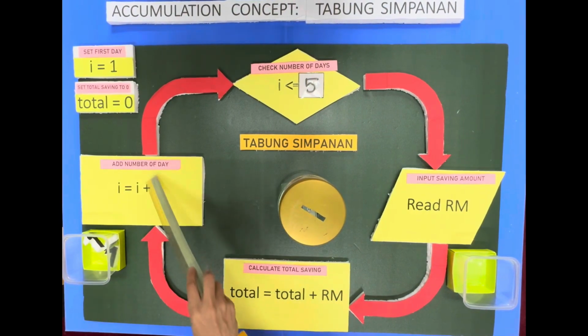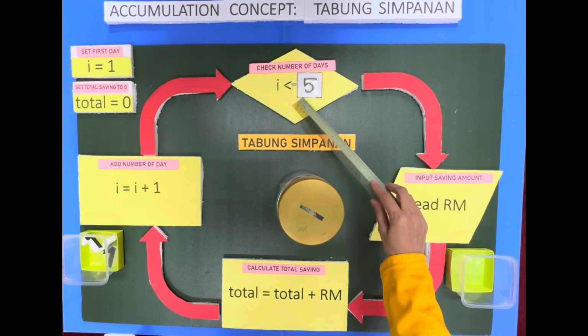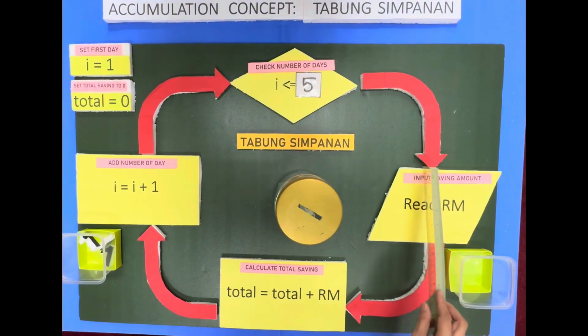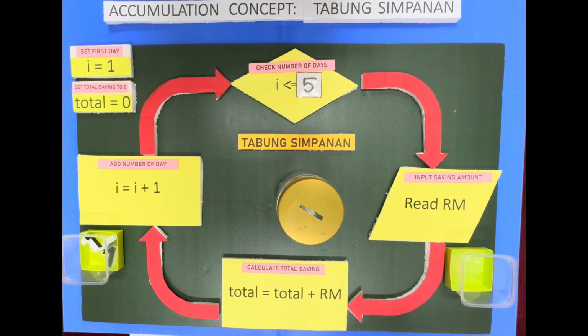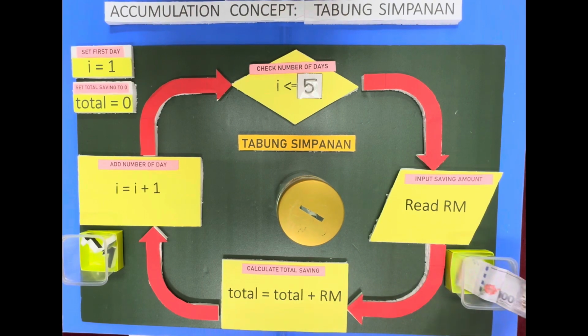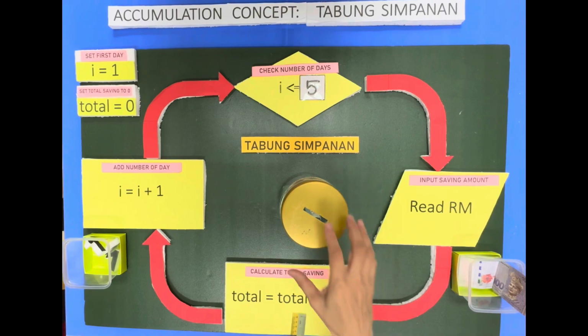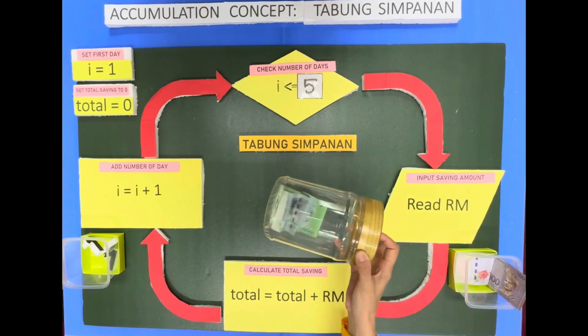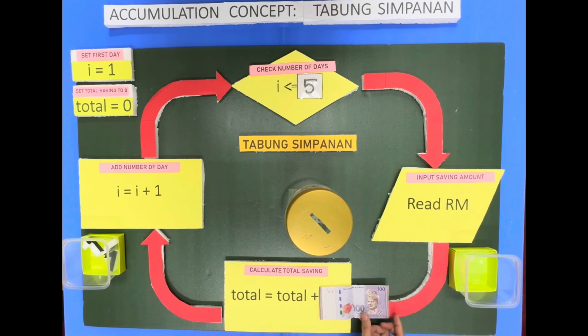I is 3, then we check again the number of days. 3 less than or equal to 5 is true, so we input another saving. The third day is 100 ringgit. Then we repeat the process. Total in our tabung is 55 ringgit, and then we add 100 ringgit.